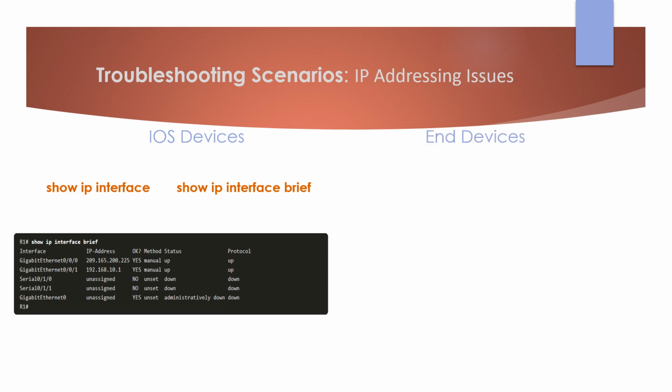As for the end devices, in a Windows-based machine, when the device cannot contact a DHCP server, Windows will automatically assign an address for the device. This feature is called Automatic Private IP Addressing and is designed to facilitate communication with the local network.